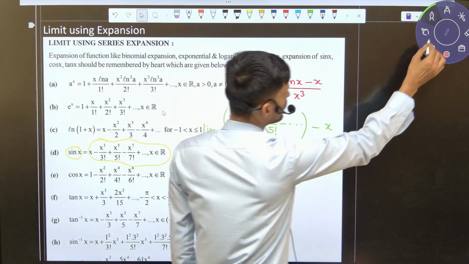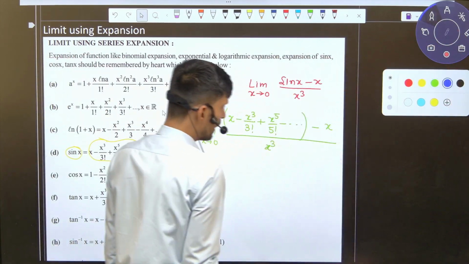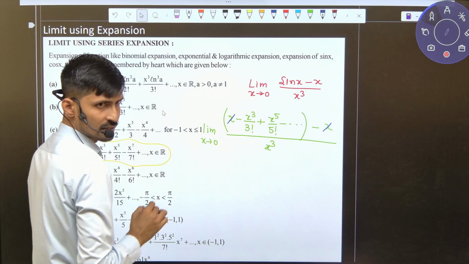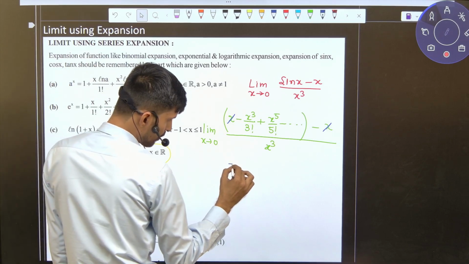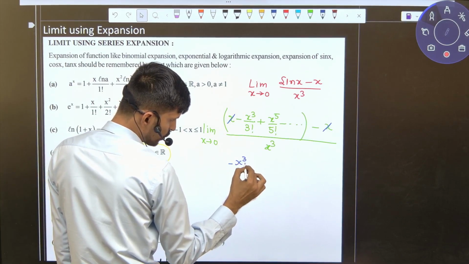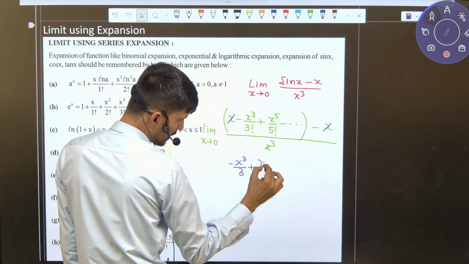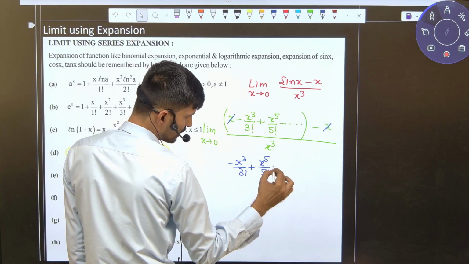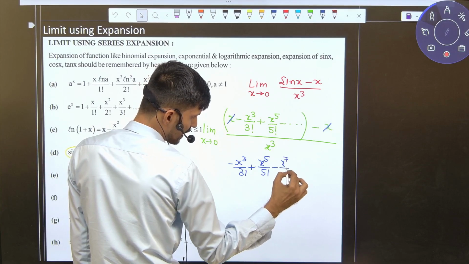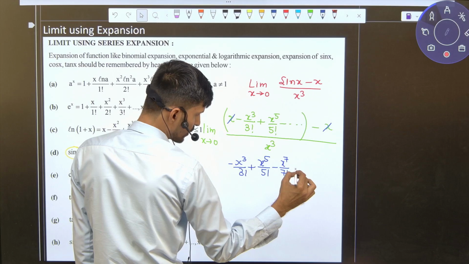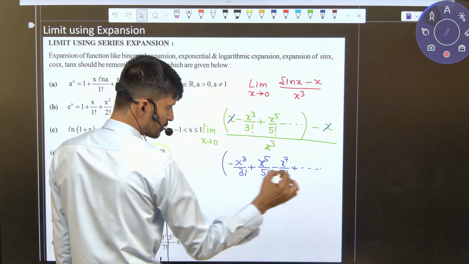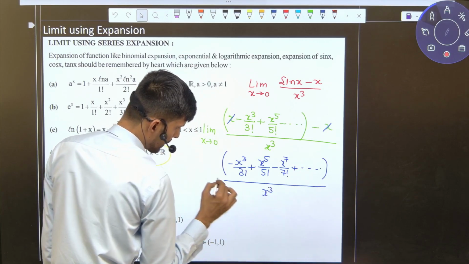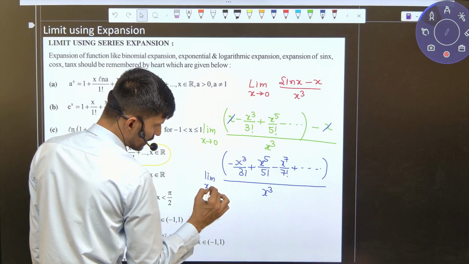Now at this step, this plus x and this minus x get cancelled. What is left is minus x cube by 3 factorial plus x raised to 5 by 5 factorial minus x raised to 7 by 7 factorial, and so on, with limit x tends to 0.